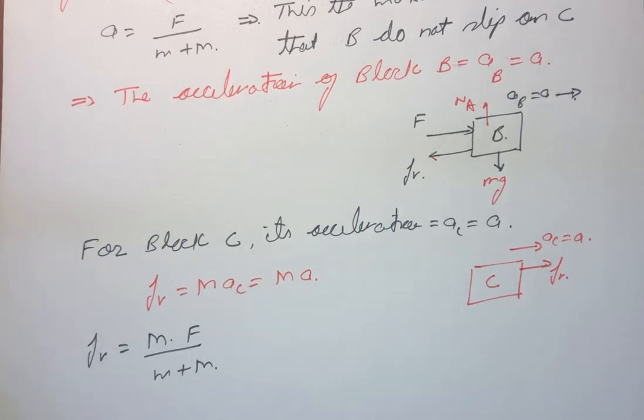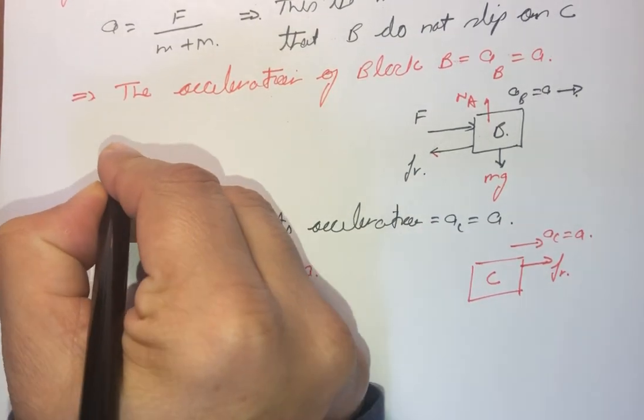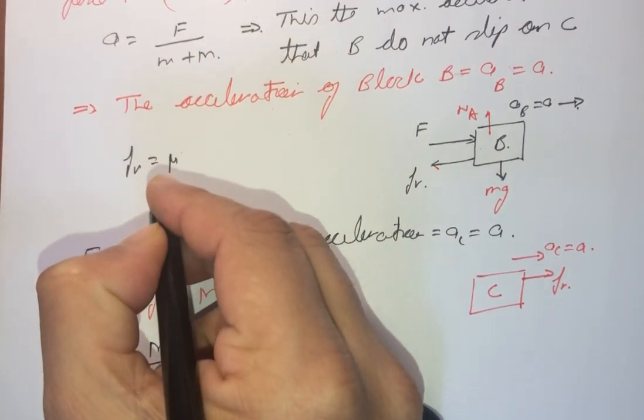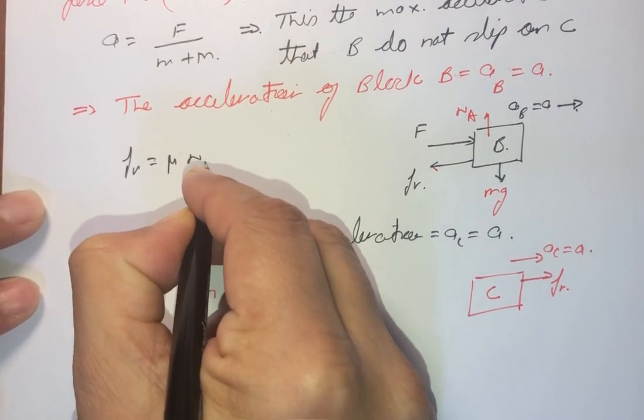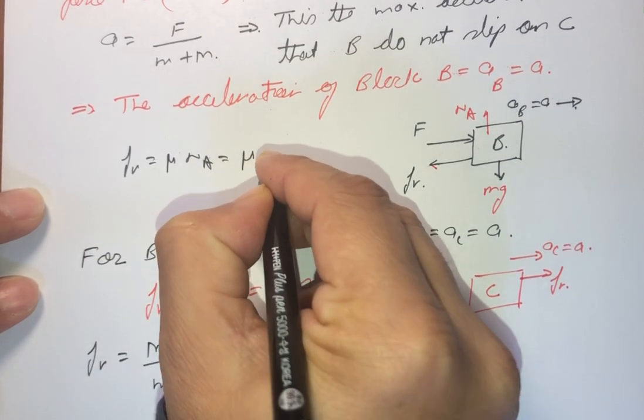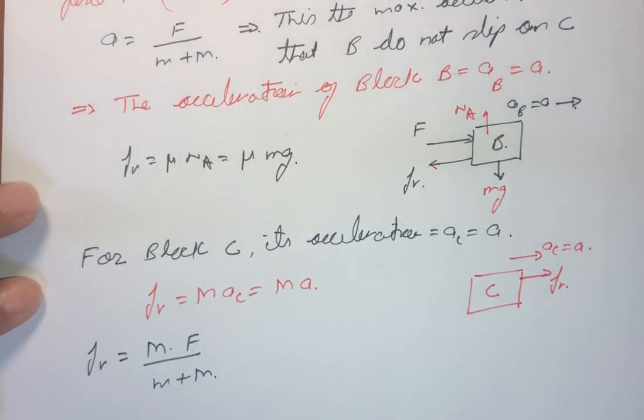From this equation we can say Fr will be equal to mu into NA. NA will be equal to mg, so this will be mu mg.